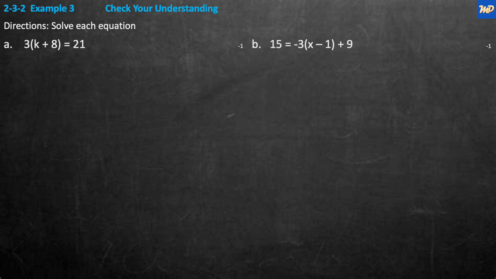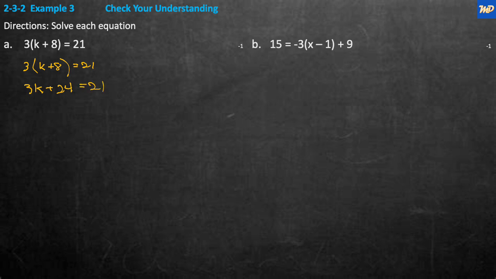So we're going to start off with problem A. 3 times the quantity k plus 8 equals 21. So what do we have to do? We have to get rid of the grouping symbols. Using the distributive property, we're going to multiply both terms inside the parentheses by the coefficient of that term. 3 times k plus 3 times 8 is 24 equals 21.